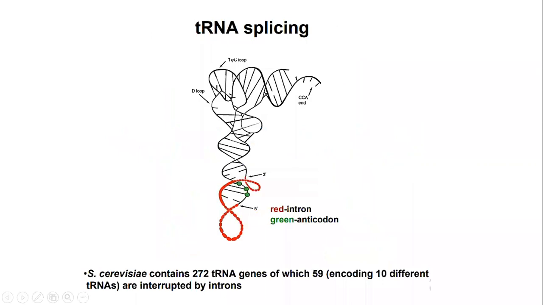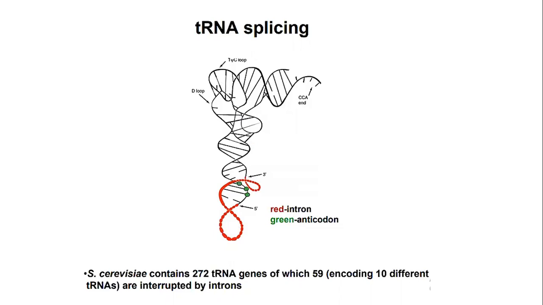As I told previously, the tRNA consists of one intron, shown here with the red coloration, and the green anticodon part is shown here, and the 3' and 5' splice sites are also marked in this case. This is the typical mature structure of tRNA, the inverted L structure that can be observed in the biological system as the functional tRNA.